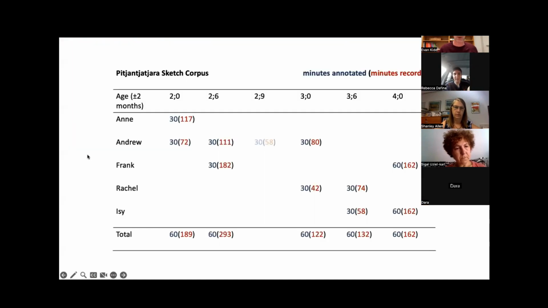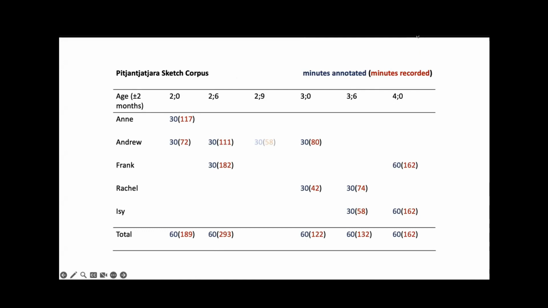Yep. There you go. I should have said Pitjantjatjara is a language spoken in Central Australia around Uluru. As you can see here, this is not the ideal situation. There's 5 children, not 2, and it's much patchier across these times.